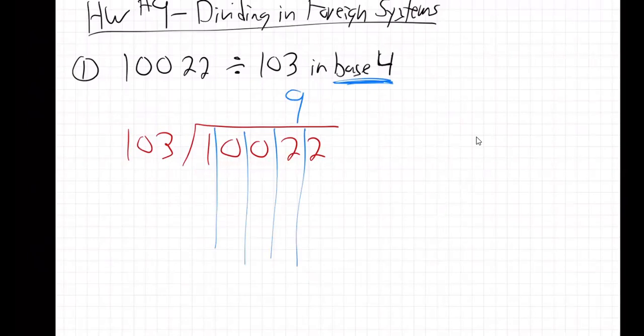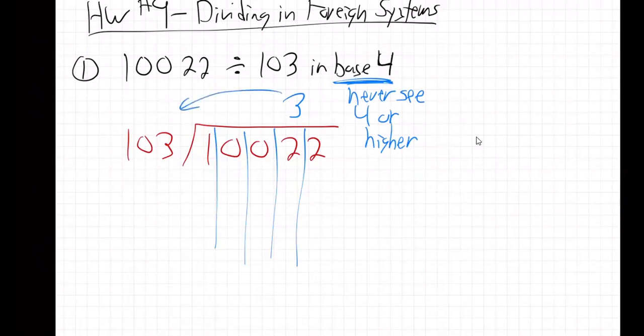You can't even have a 4. You're never going to see a 4 or higher. So it can't be a 9. That's craziness. What's the highest thing it could be? 3. Do you think it's 3?